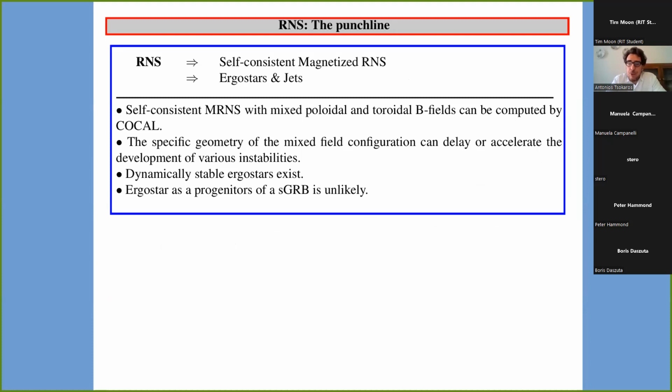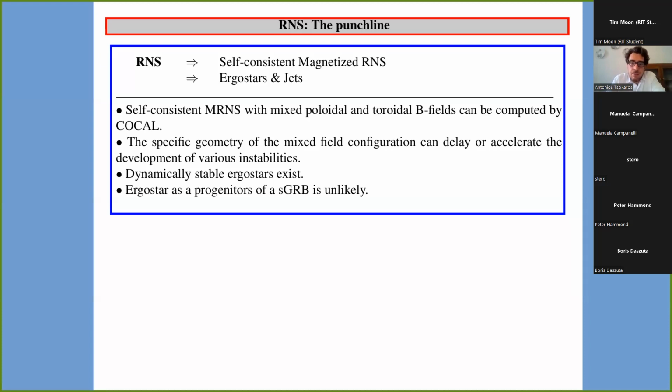The specific geometry of those magnetized solutions can delay or accelerate the development of various instabilities. Also, as a third point, we have recently found stable neutron stars that contain ergo regions. And in connection with short gamma ray bursts, a preliminary work of ours showed that these kinds of stars are unlikely to produce such events.